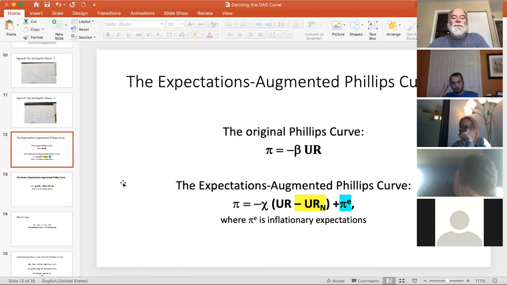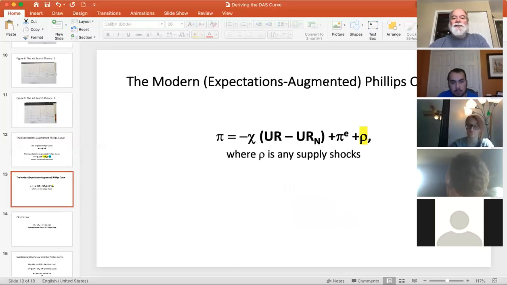Unfortunately, most of the supply shocks that we hear about are of the negative variety. So when we incorporate supply shocks into the story, we get the modern expectations-augmented Phillips curve, which is the augmented Phillips curve with one addition.